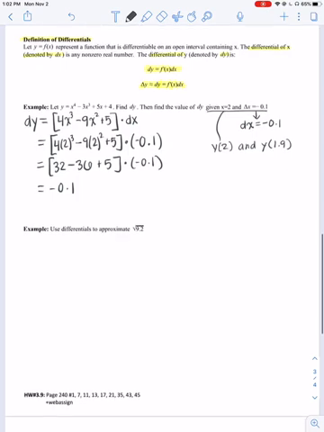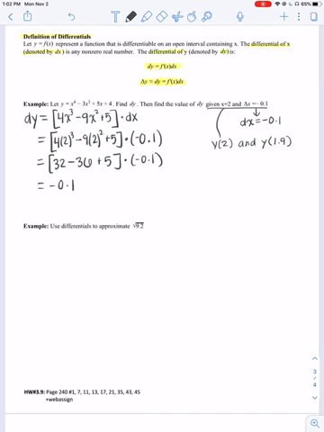Okay, one more example. Use differentials to approximate the square root of 9.2. So for this type of problem, you would first want to always identify what function you're working with. And here it's the square root function.